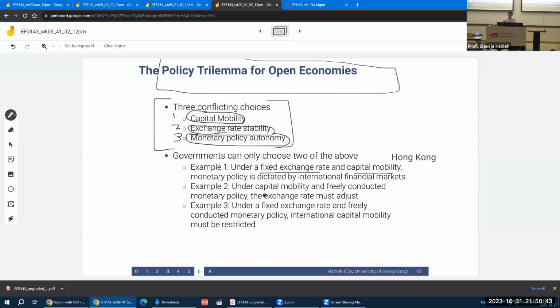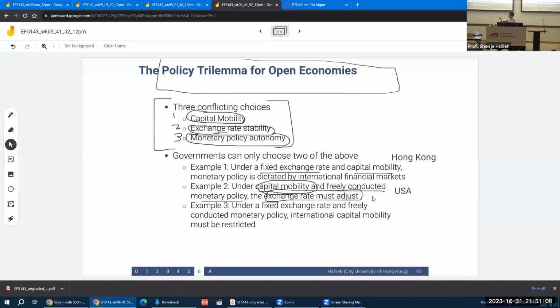All right. Let's say we still have capital mobility and we have freely conducted monetary policy. You can't have fixed exchange rate. You can't remove the uncertainty. This is the US, because they have a floating exchange rate. They don't care what the US dollar is to any other currency.